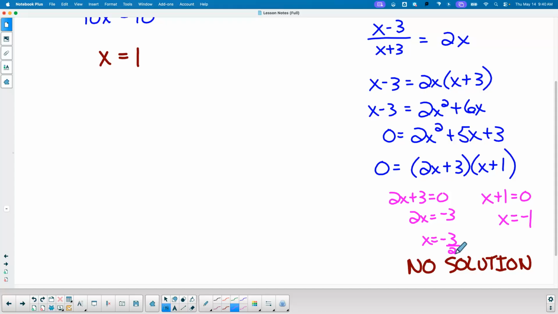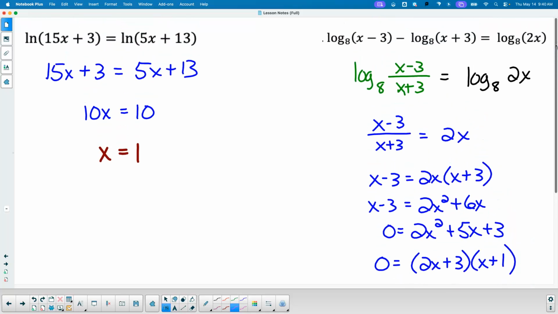Okay. So if I go back up here to the original problem, if I plug in negative 3 halves right here in the first one, I get negative 9 halves. That can't happen. Log base 8 of negative 9 halves does not exist. That's an error. So that one gets tossed out.